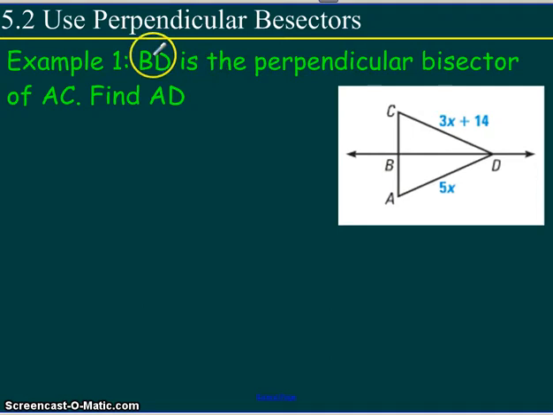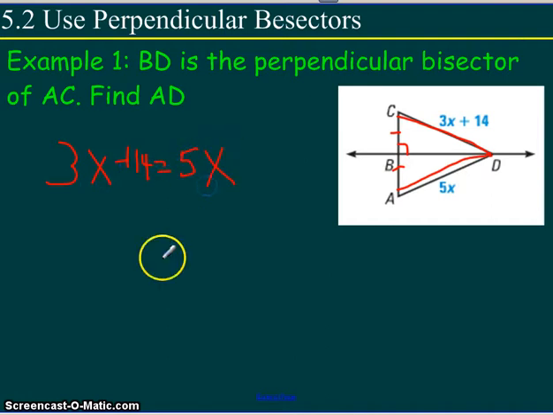Alright, I think we've got an example here that we need to work. It says that BD is a perpendicular bisector of AC. Find AD. A few things that we can mark: if BD is the perpendicular bisector, that means that that's going to be congruent with that, that's the right angle, and if D is on the perpendicular bisector, this length would equal that length. So to work this problem, all we have to do is set 3x plus 14 equal to 5x, and then solve.